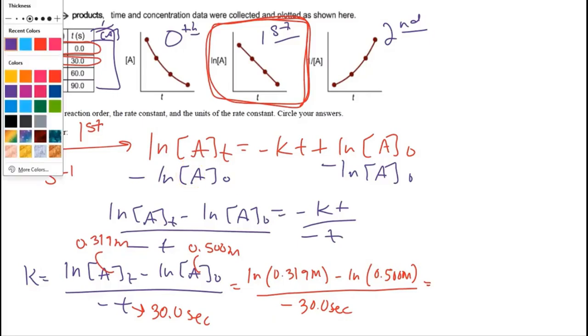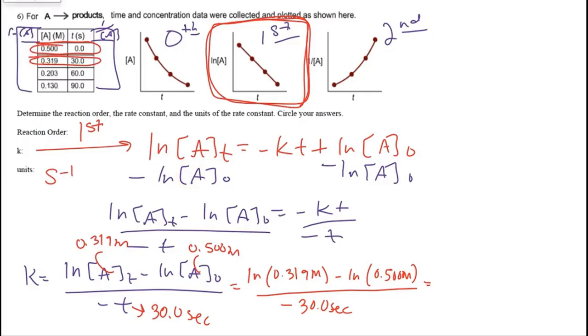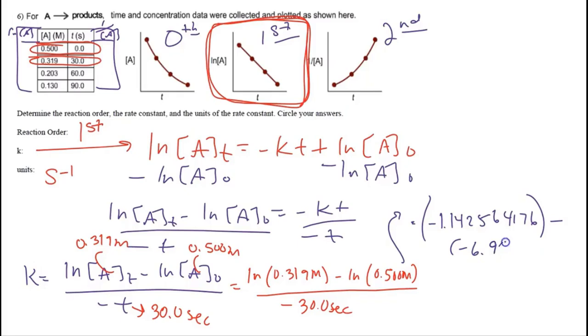And so we just continue on. I'm just plugging things in. At first, I do everything at the top. Let me go ahead and write this a little bit higher so I can have more space. Okay, put this in. So what do I get? Negative 1.14 minus negative 0.693, divided by negative 30.0 seconds.